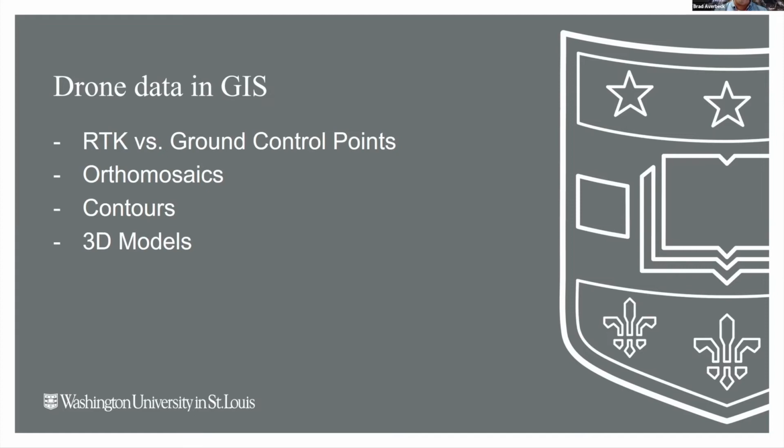So out of this data set, through Pix4D, we can also generate contours, which is really helpful for when we do updates. One of the things we use this for, if you've ever gone past Forsyth and Big Bend, you would notice that we're replacing the softball field with AstroTurf, right?